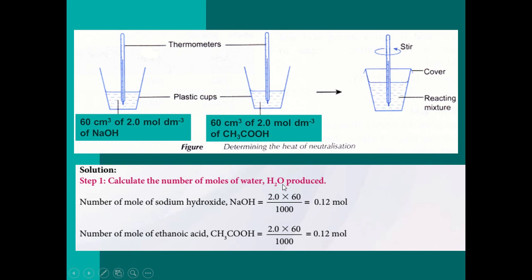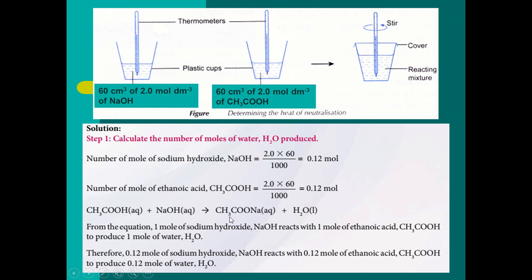Tak dapat lagi of water, right? Jadi nak cari number of mole untuk water, kena buat comparison. Jadi kita buatlah chemical equation. So reaction between ethanoic acid dengan NaOH, jadi dia akan produce salt and water. Jadi kita pun balance equation, dapatlah macam ni. So from the equation, 1 mole of sodium hydroxide NaOH react with 1 mole of ethanoic acid to produce 1 mole of water. Semua 1 mole.